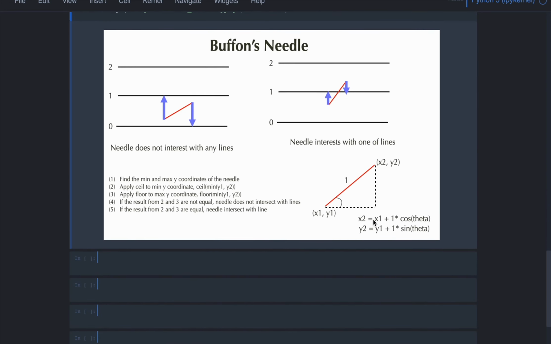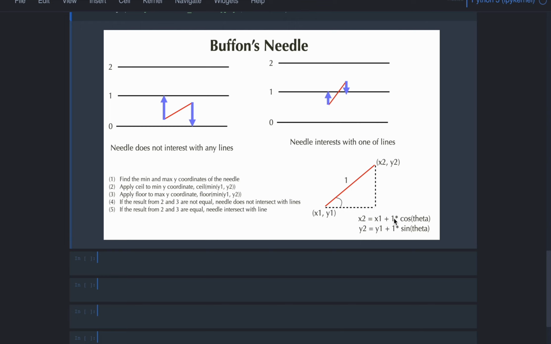From trigonometry we know the coordinate x2 will be equal to x1 plus the length of the needle, in this case 1, times cos theta, where theta is this angle. Similarly, the y2 coordinate will be y1 plus the length of the needle times sin theta. So we generate two coordinates x1 and y1, we generate the angle theta, and using these equations we compute x2 and y2.